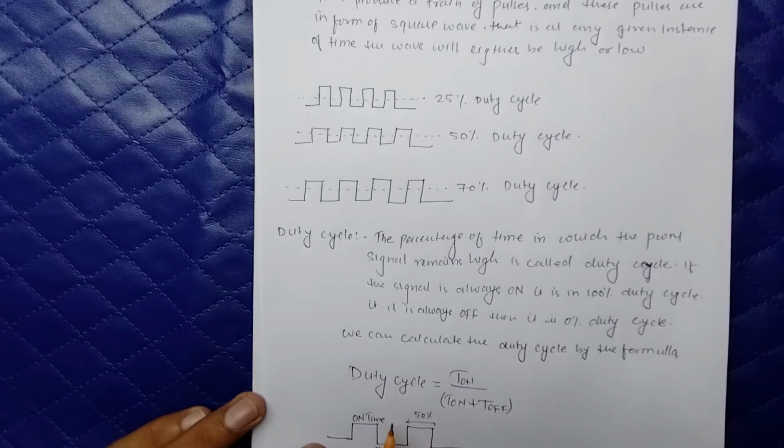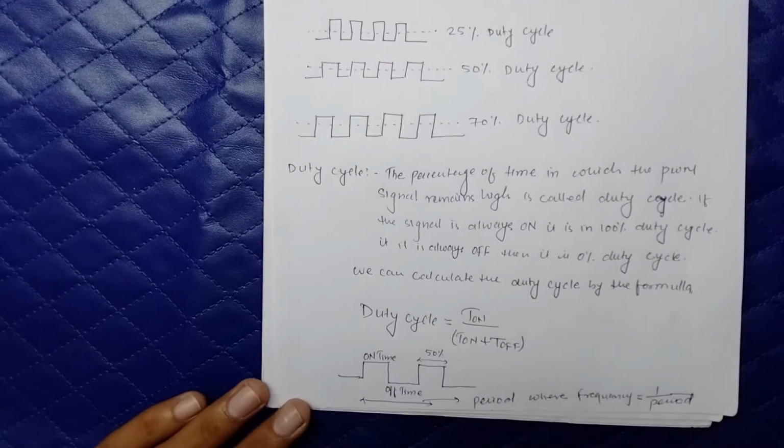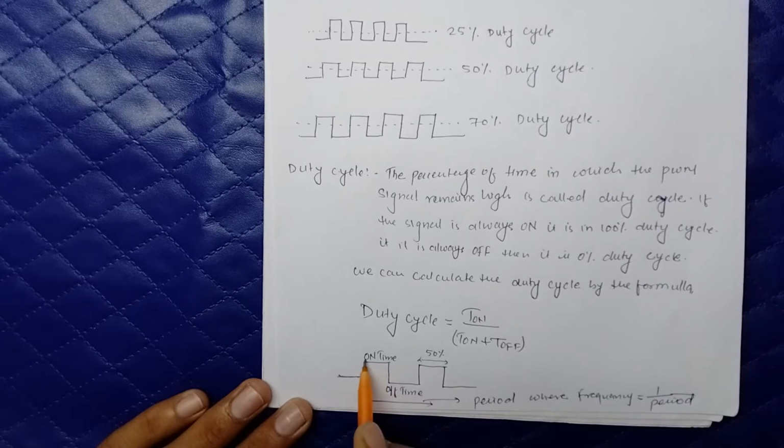There is a formula: duty cycle equals T on upon T on plus T off. I have drawn a waveform, this is our on time and this is our off time. From this point to this point is called the period, where frequency is inversely proportional to the period.